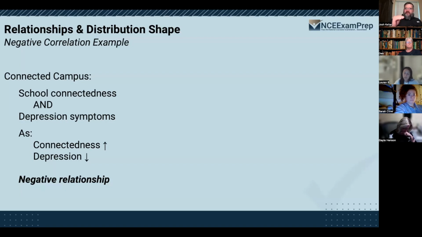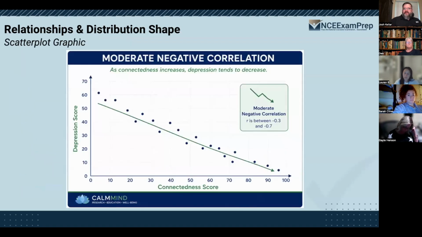Increase in connection equals decrease in depression scores. That's a negative relationship: as one variable increases, the other decreases. This is what it looks like on the scatter plot. As the connectedness score increases from 0 all the way to 100, the depression score is decreasing. That's a negative correlation.